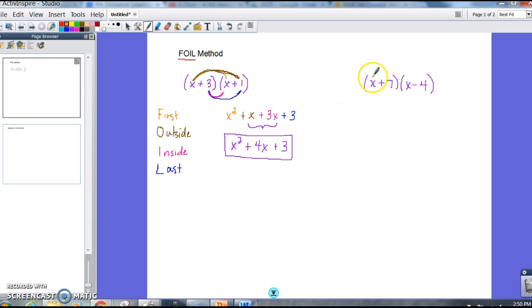Our first two terms are the first terms in each of our binomials. So x times x gives me x squared. The outside terms refer to, if you're looking at all four terms, the ones on the outside, so the x and the minus 4. So x times negative 4 gives you negative 4x.